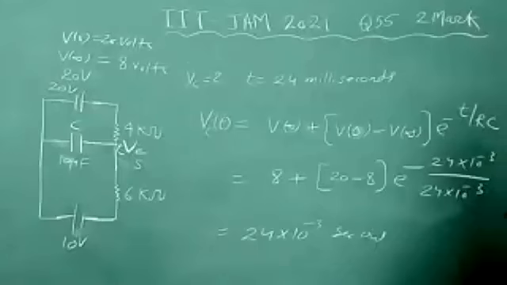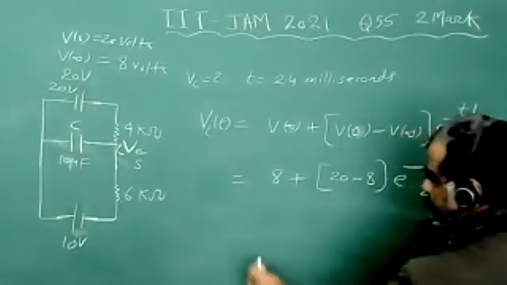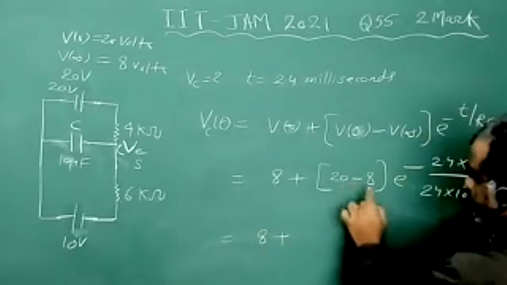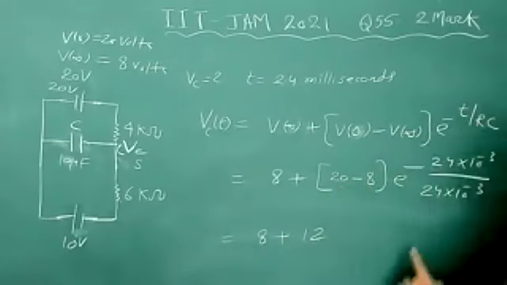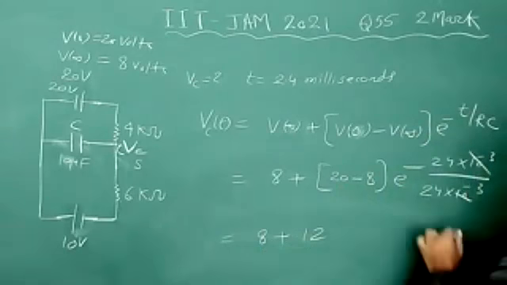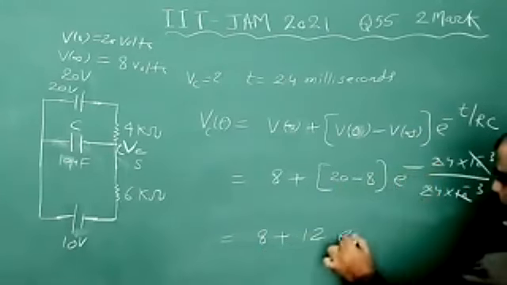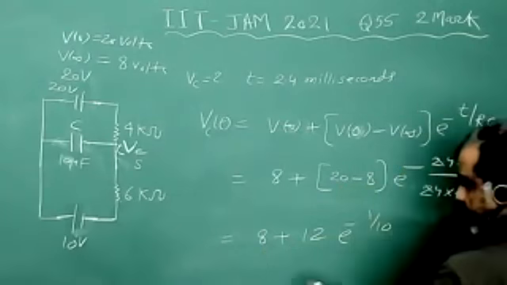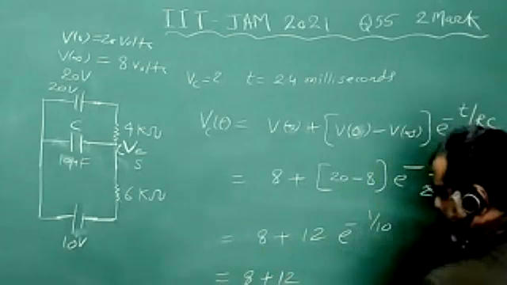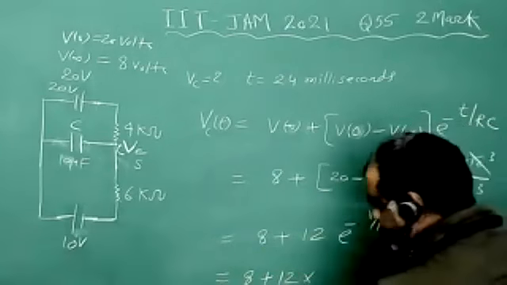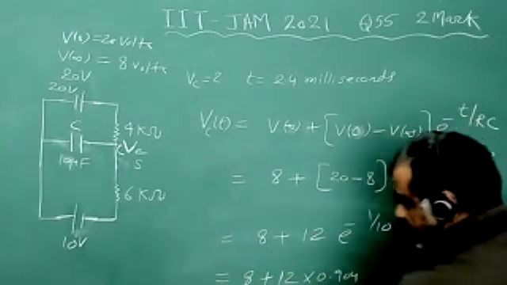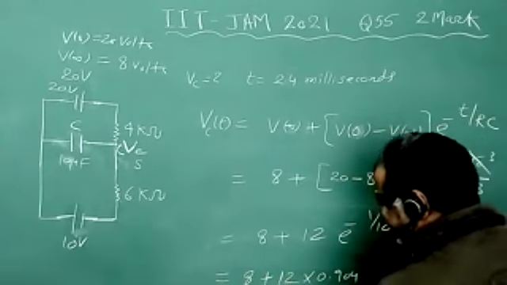Now if I solve this, this will give me 8 plus 20 minus 8, which is 12. The 10 to the power minus cancels, and this will give me e power minus 1 by 10. So this is 8 plus 12, and the e power minus 1 by 10 value is 0.904.